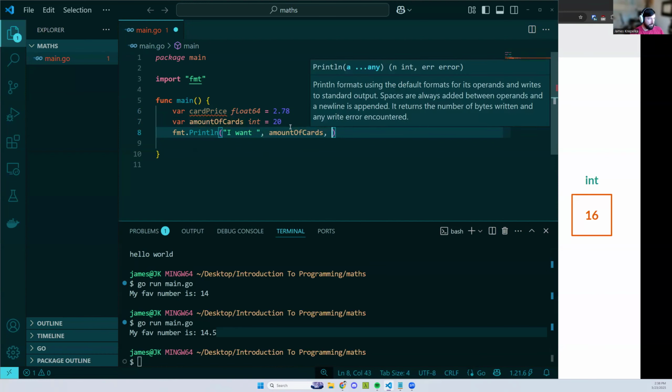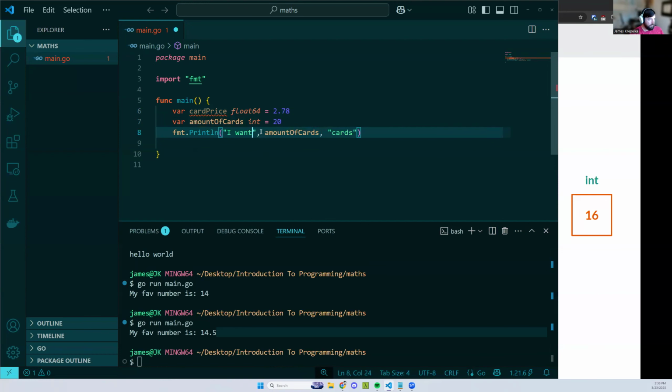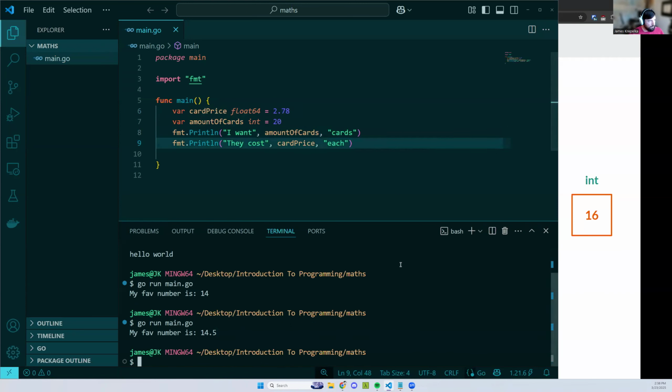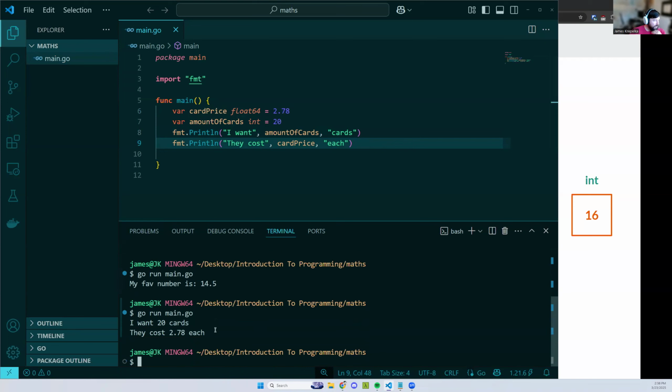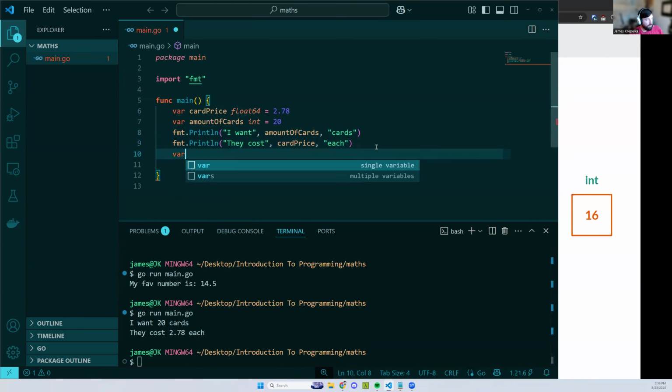So I want amount of cards. So when I'm getting these 20 cards at a price of, they cost card price each. If I want 20 cards and they're 2.78 each, I want to do math to get my total. So if I want my total, it's going to be a price, so I want it to be a float.